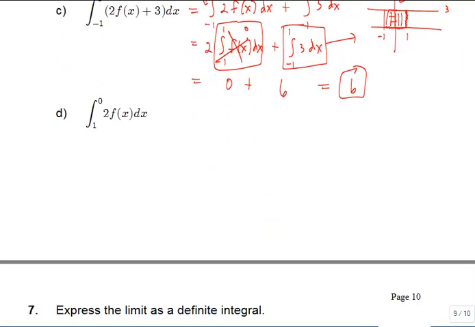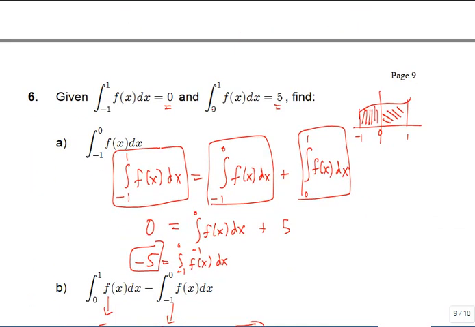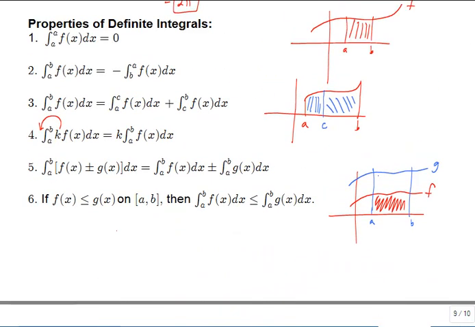Okay? And then this last one here, we want the integral from 1 to 0 of 2f of x dx. So the first thing I'm going to do is pull that 2 out front. And then if we look back at what we know, the integral from 0 to 1. We don't know the integral from 1 to 0, but we have this property up here that says if you switch the bounds of integration around, you take the opposite sign out front.